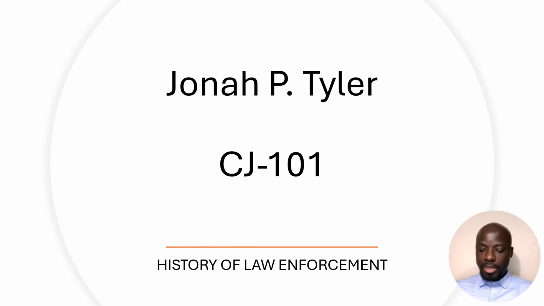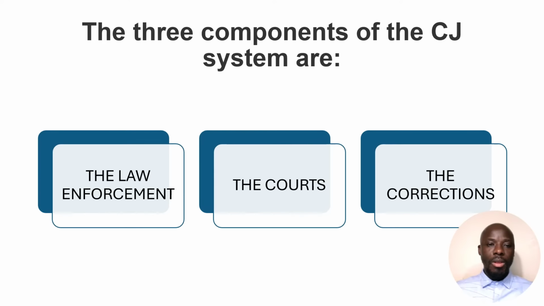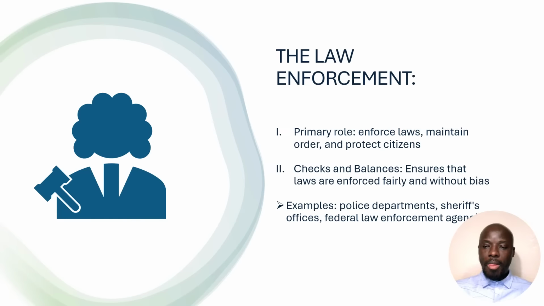First of all, I would like to tell you the three components of the criminal justice system: the law enforcement, the court, and the corrections. For law enforcement, the primary role is to enforce law, maintain order, and protect citizens.